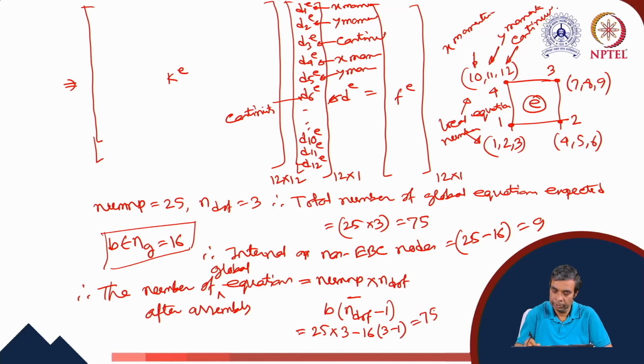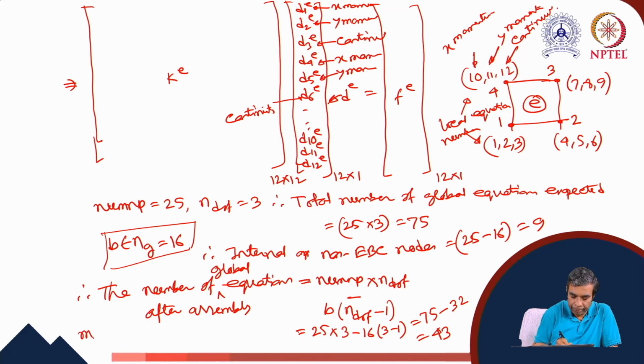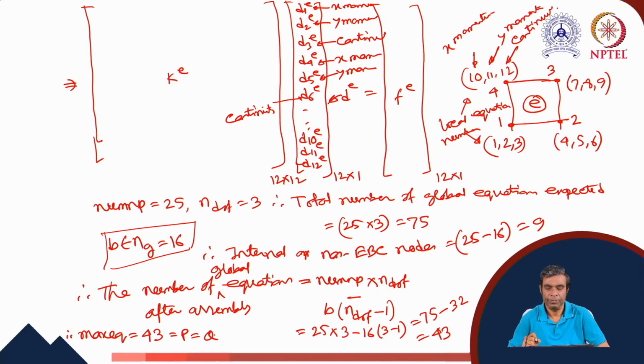So it is 75 minus 16 into 2, which is 32, so equals 43. It means that maxeq, the maximum number of equations, equals 43, equals p equals q. So here, now we are ready to construct the ID array.